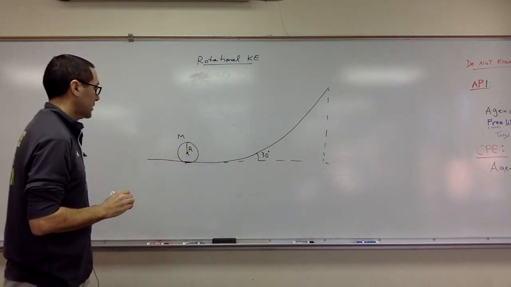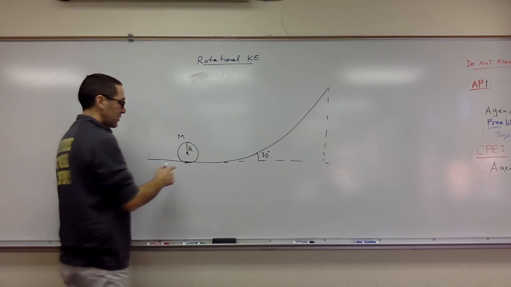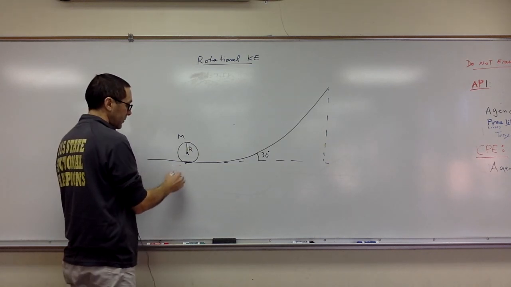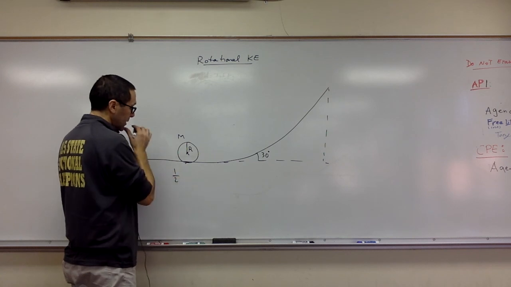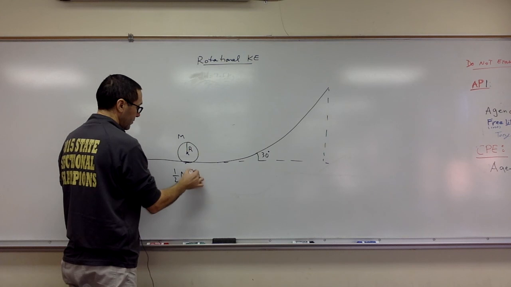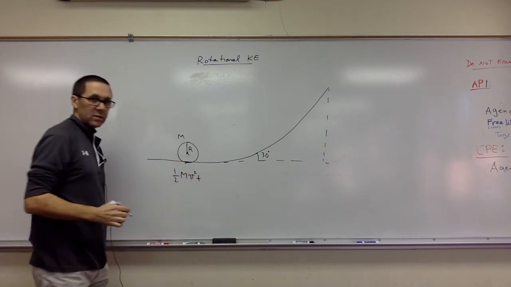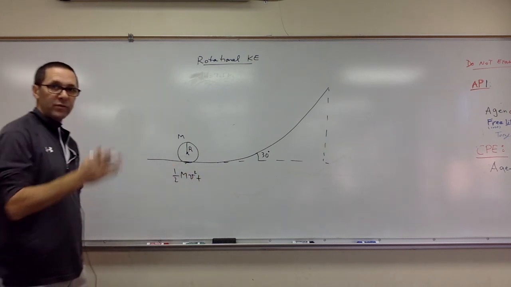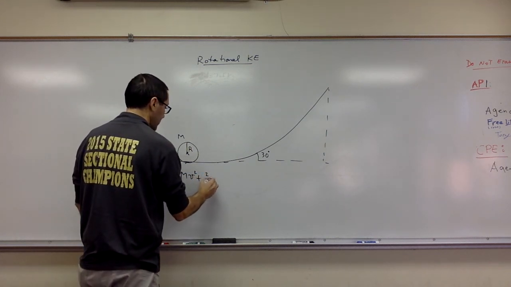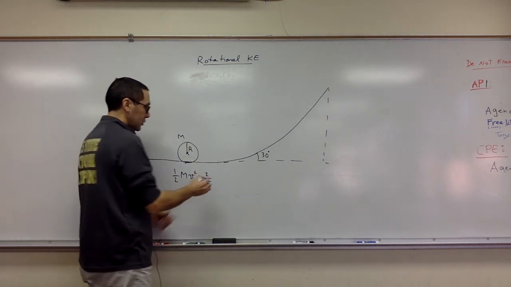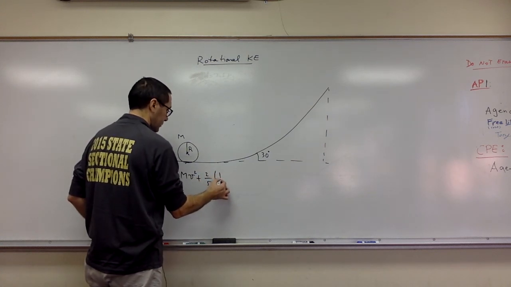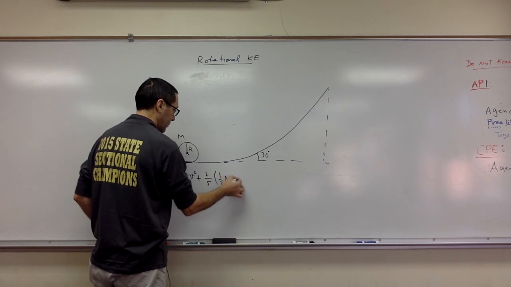What's the highest point that it's going to reach? We're going to do conservation of energy. Initially, this sphere has translational kinetic energy, which is 1/2 m v squared, and it also has rotational. If we follow that shortcut that I showed you, it's just going to be 2/5 of the translational kinetic energy, 1/2 m v squared.